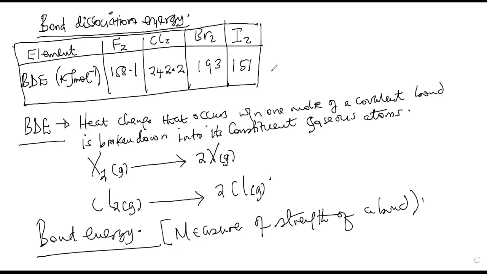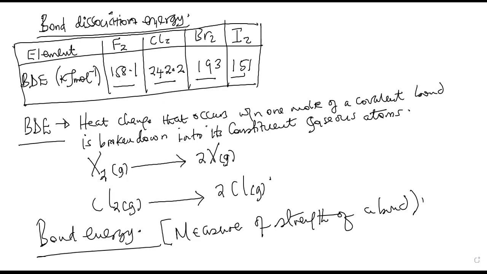Yes, teacher. Okay, so let's describe now the trend. After having revised it, you see 158, 242, 193, 151. We want to describe the trend while stating the anomalies in the bond dissociation energy of these halogens.